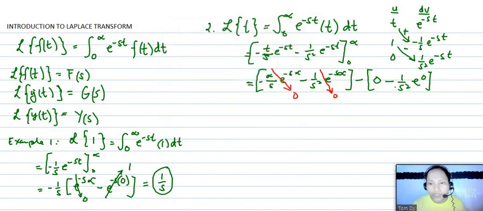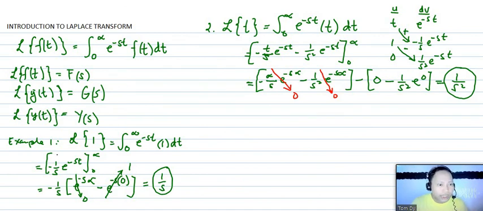So that is equivalent to 1 over s squared. This is our Laplace transform of t.